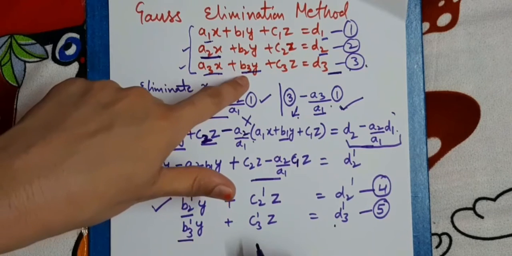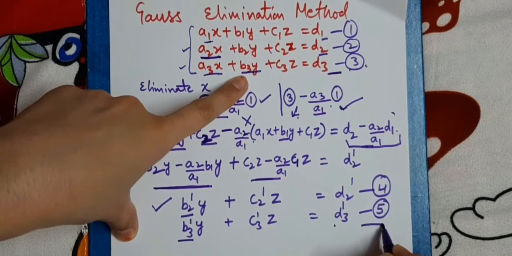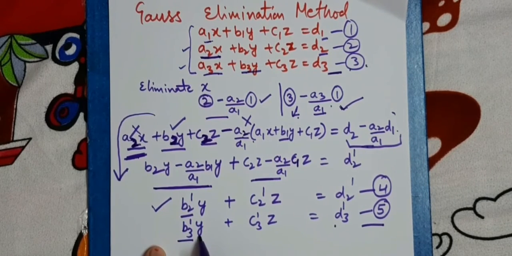Now we will eliminate y from equation number 5. To eliminate y, here we have coefficient b3 dash, here we have b2 dash. First we will multiply it with b3 dash and divide by b2 dash, and we will get b3 dash y, and then y will cancel and we will be left with z. We will use the operation: equation 5 minus b3 dash divided by b2 dash times the fourth equation.